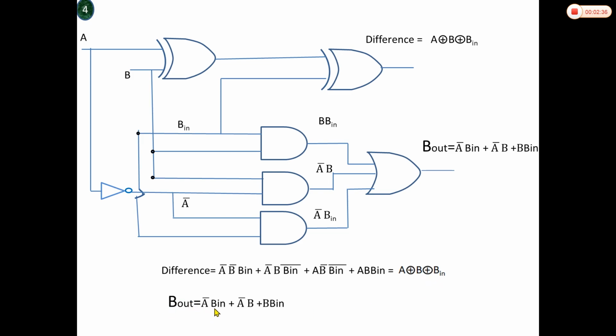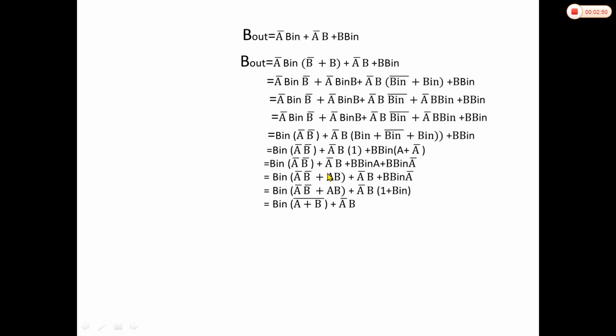And borrow for the half subtractor is A bar B. Here it is A bar B plus B in A bar B. This is the borrow output for the full subtractor, that is A bar B in plus A bar B plus B B in.